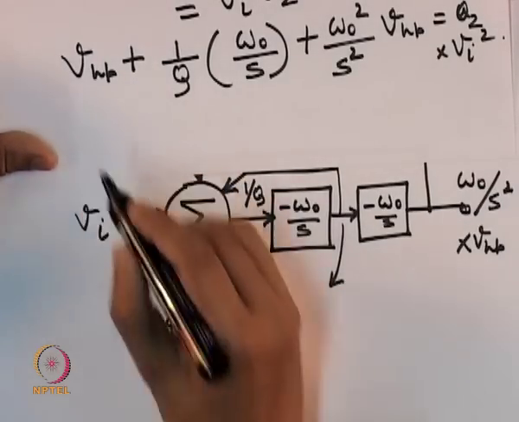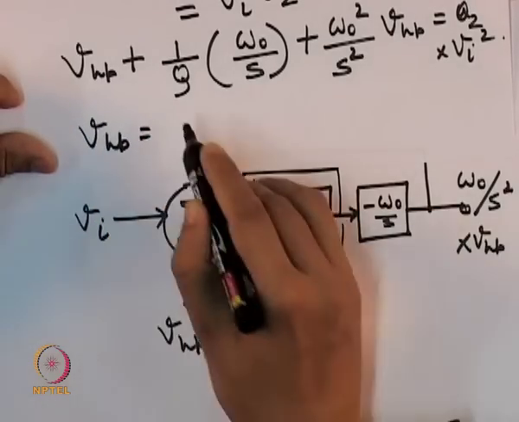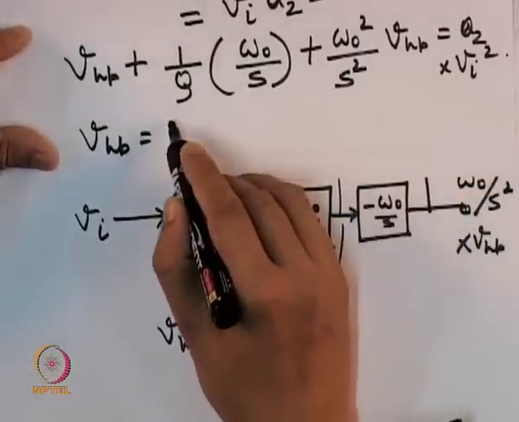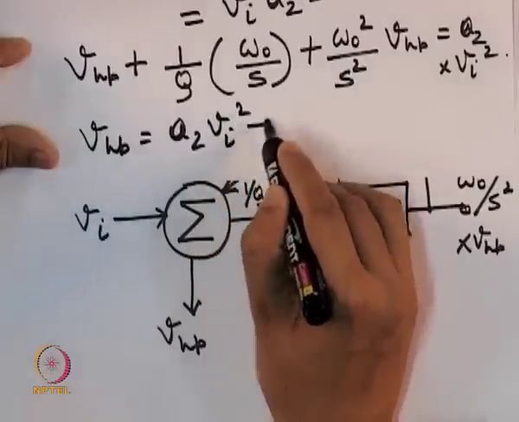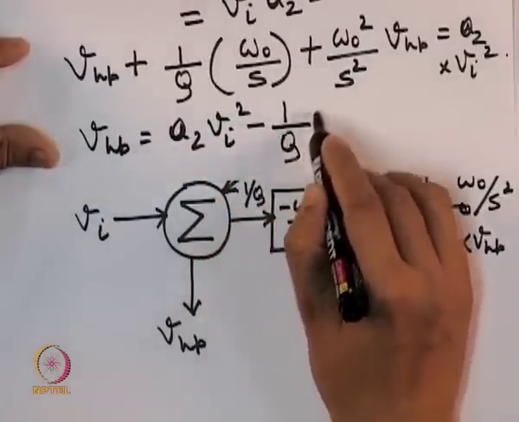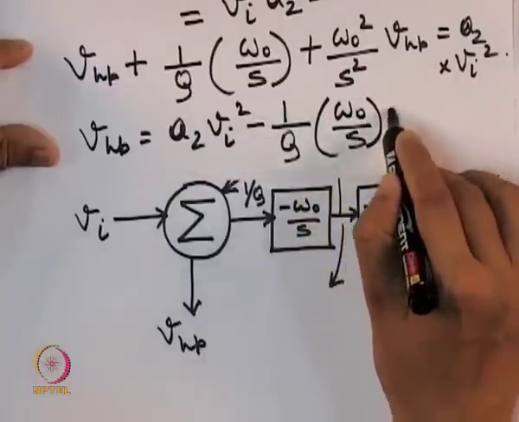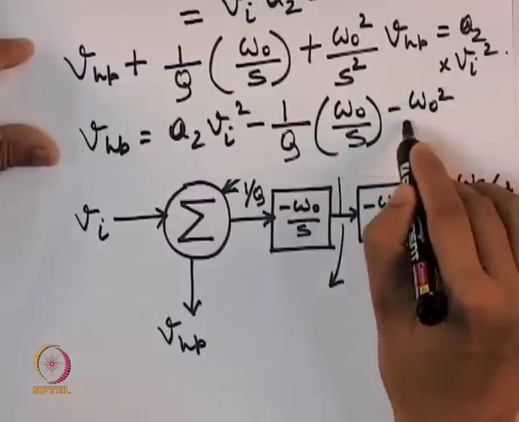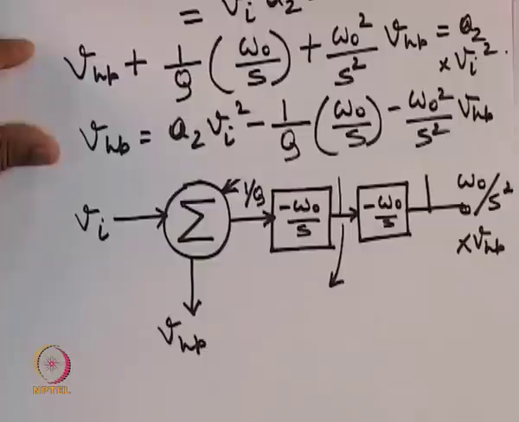Can I write VHP like this, as the summation of A2 VI minus 1 upon q omega 0 upon s VHP minus omega 0 square upon s square VHP?